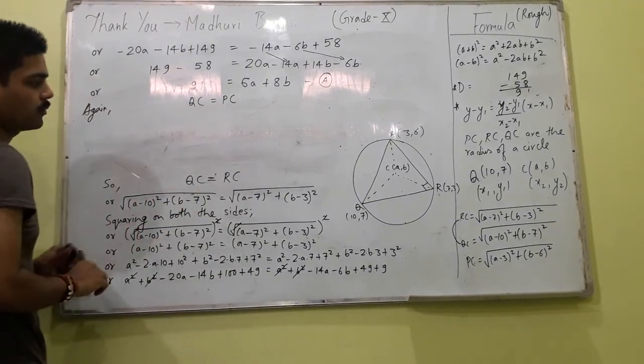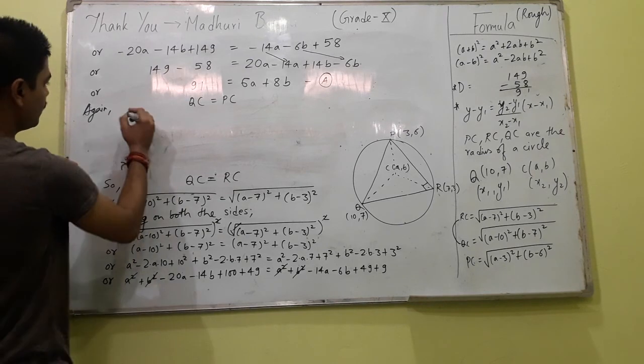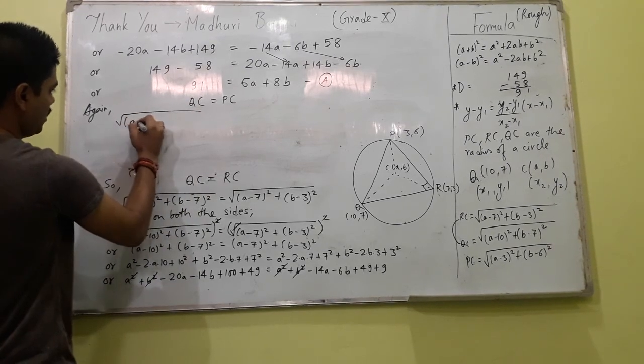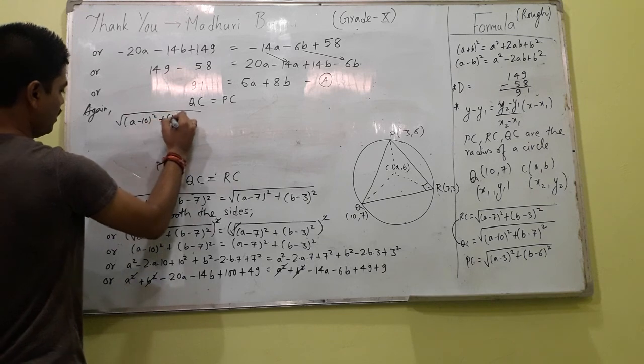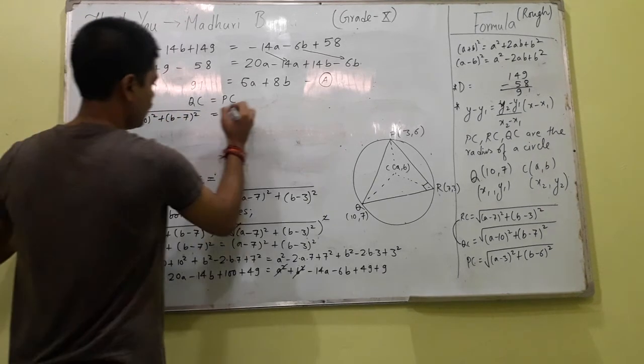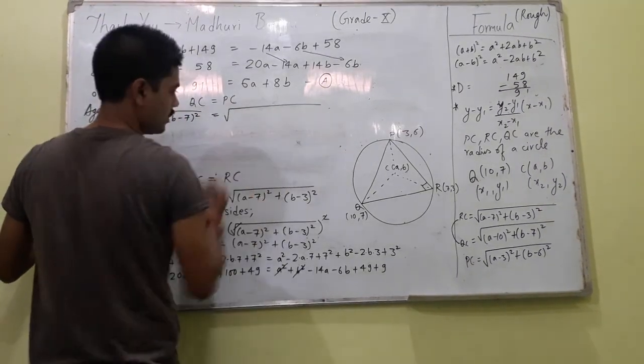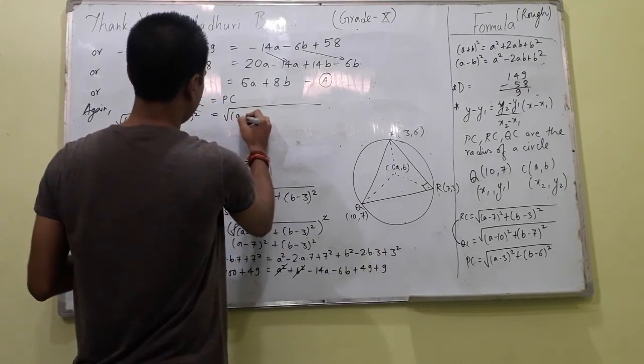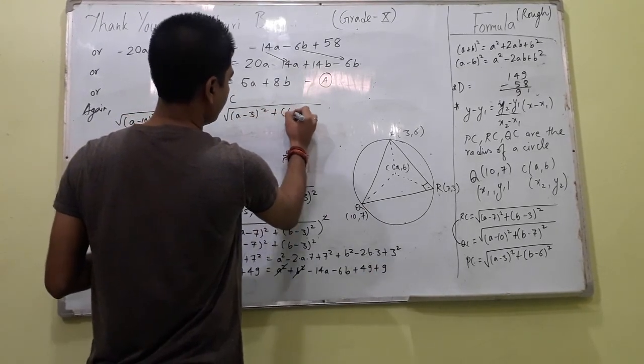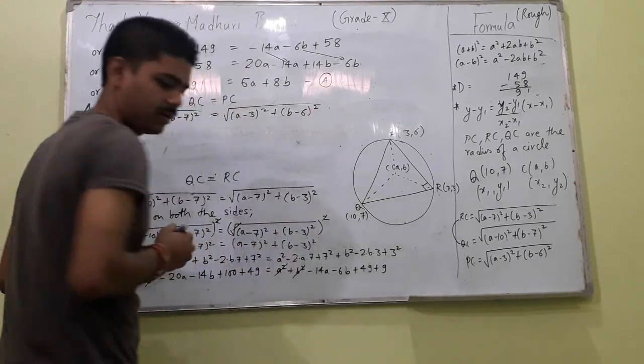I'm going to do it a little bit fast now here. QC is root a minus 10 whole square plus b minus 7 whole square, and PC is a minus 3 whole square plus b minus 6 whole square.